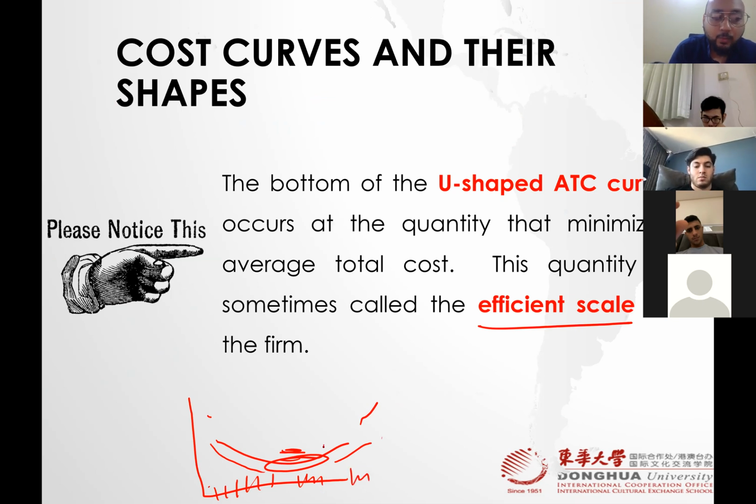So what is efficiency? Producing maximum with minimum resources, or at minimum cost. So when the cost is minimum, you are producing much. If you produce more, cost starts rising. So naturally you want to produce where the cost is minimum.